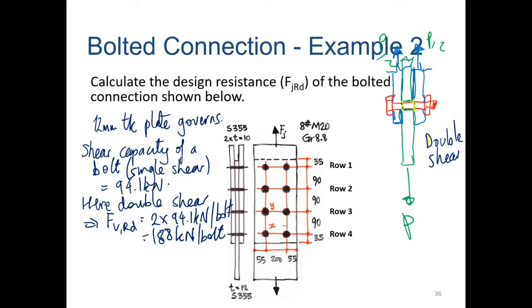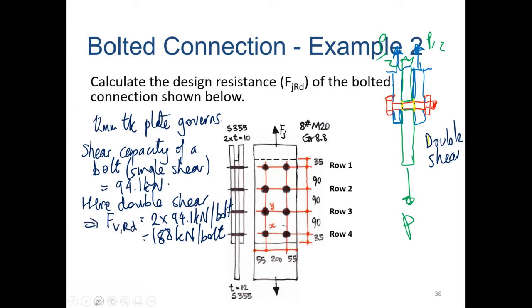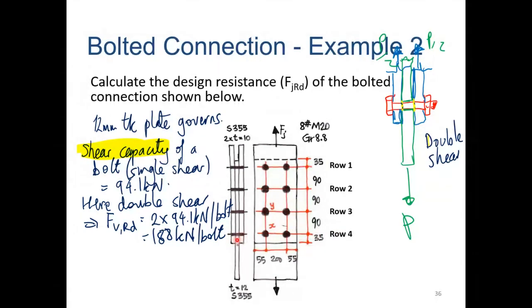Then we have to look at the different bearing checks. So shear capacity is checked there. Now we have to look at the different rows. Last time, if you remember, I had row 1 down the bottom because it was the 10mm plate that was determinant, and row 1 was the first one nearest to the edge.